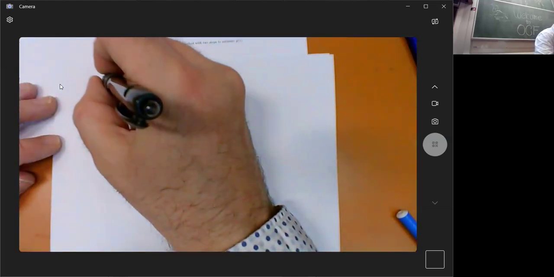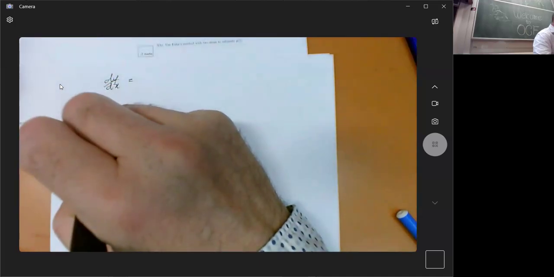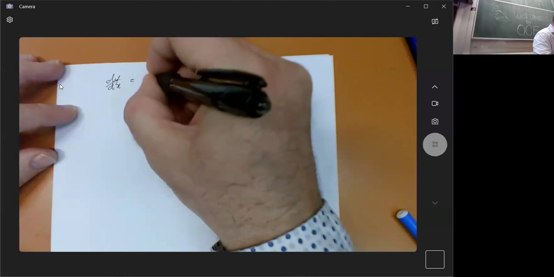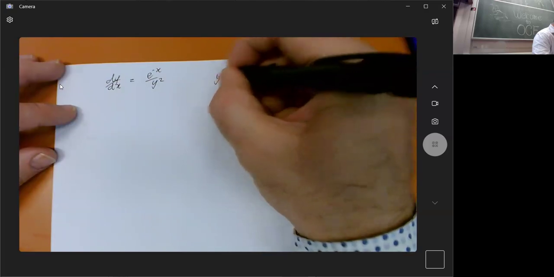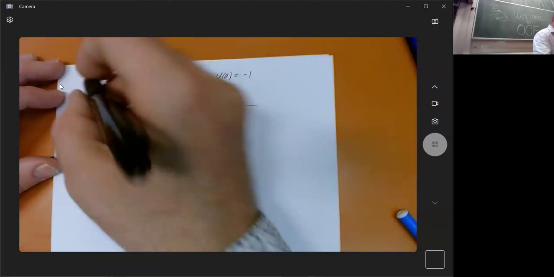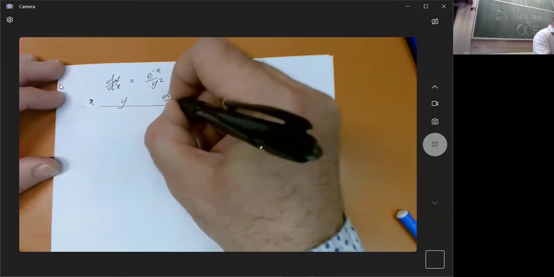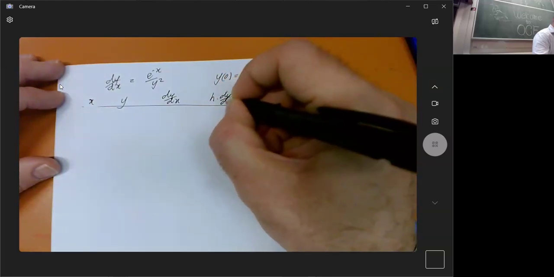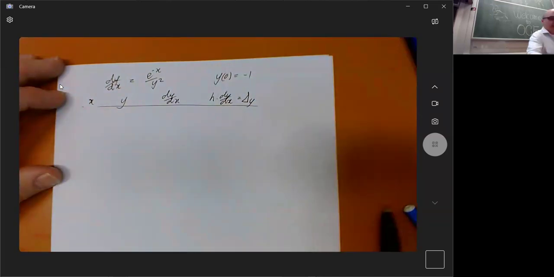We have dy/dx is equal to e to the minus x over y squared, and we had y naught is equal to minus 1. So we're going to set up a table. We're going to have an x, a y, a dy/dx, and an h times dy/dx, which I'm going to call change in y.